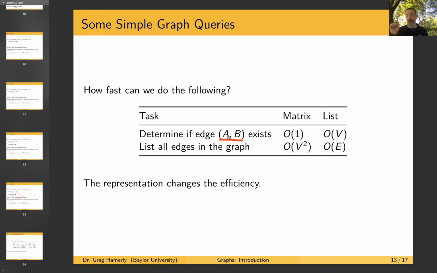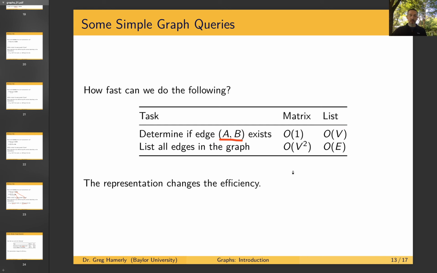Well, the vertex A could be connected to every other vertex in the graph, which is V minus 1 other things, plus itself. But the point is that you might have to search order V things in a list just to determine if there's an edge from A directly to B. So that is a significant difference if the question that you're asking in the middle of an algorithm is, is there an edge between A and B? You can answer that much more quickly with a matrix than a list.